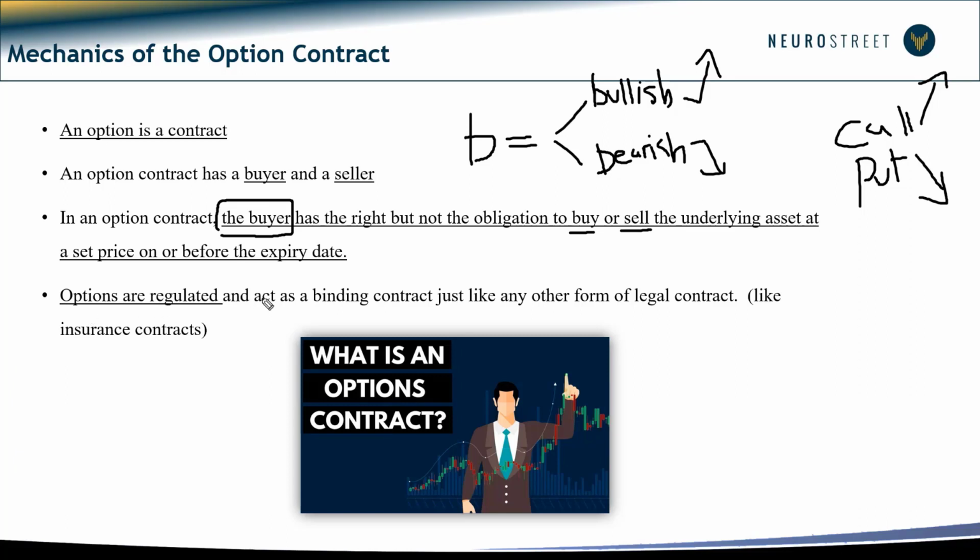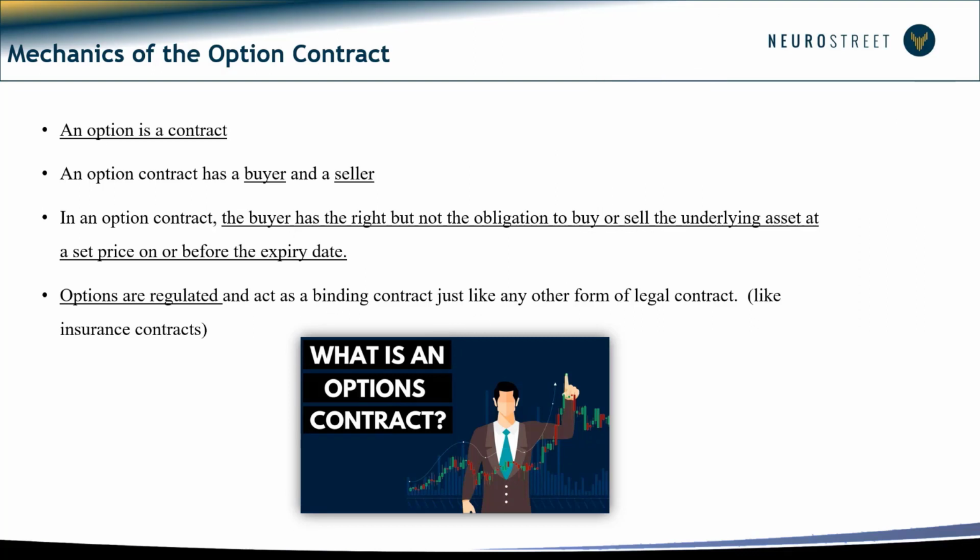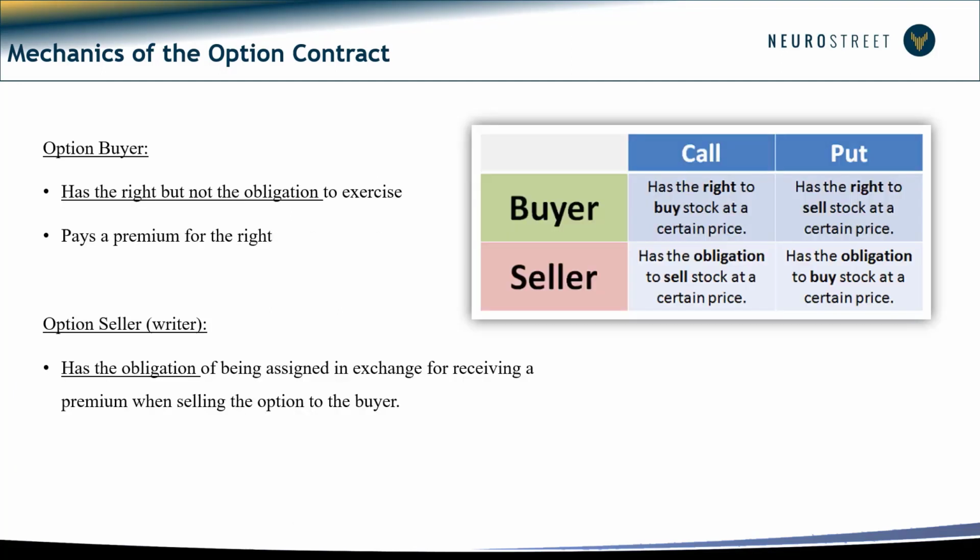Options are regulated and act as a binding contract, just like any other form of contract. They're absolutely legally tendered contracts. It's very regulated, a very professional industry. A lot of professionals trade the options market. So let's talk about an option buyer versus an option seller.